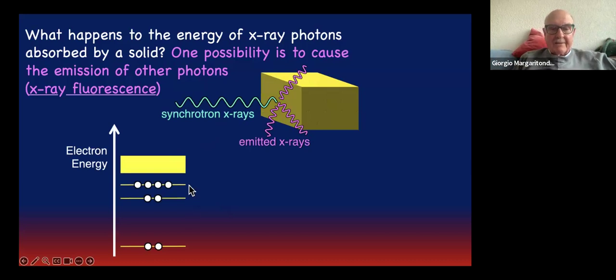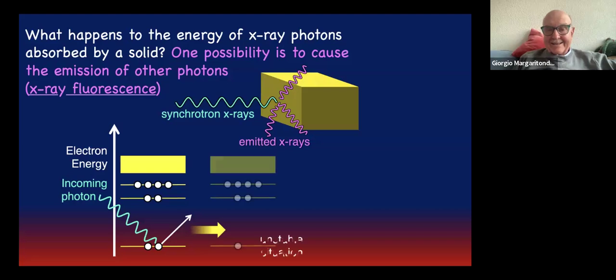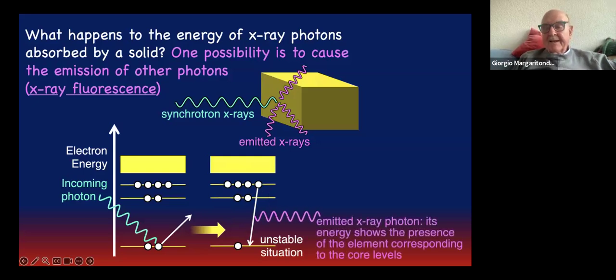Once again, we have the core levels, we have the valence band, you have a photon coming, excitation. This produces an unstable situation because there is an empty state here and there are electrons available at higher energies. So what could happen is that one of the electrons goes down and emits an X-ray photon.